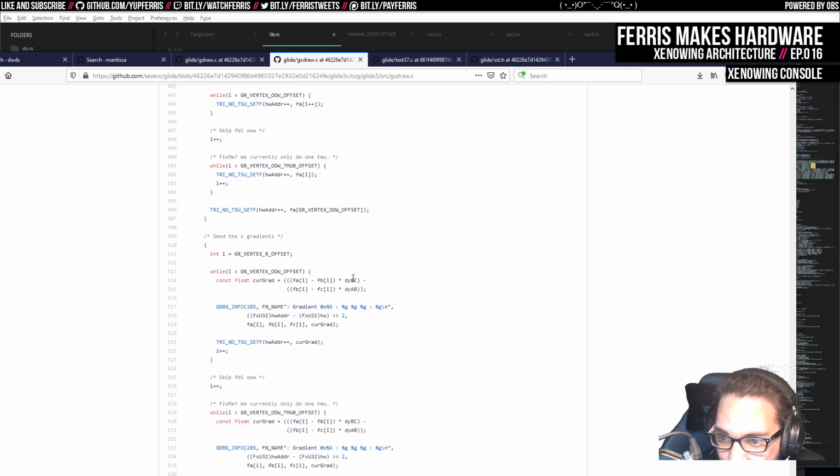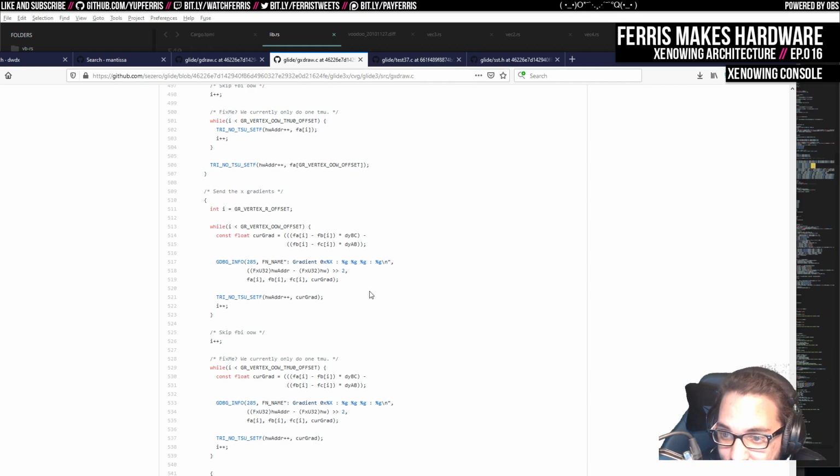Send x gradients. It is still cool to see this, though, by the way. What is this? Oh, I think this is probably just getting a word address.